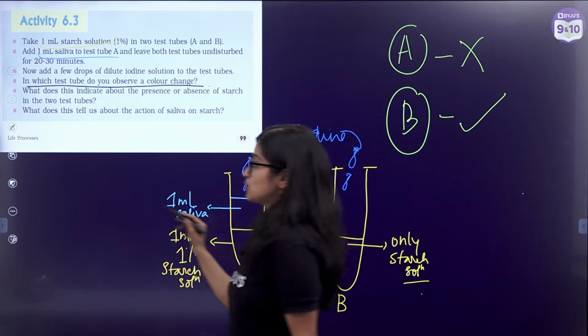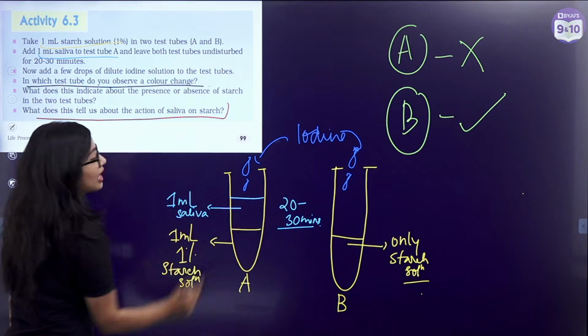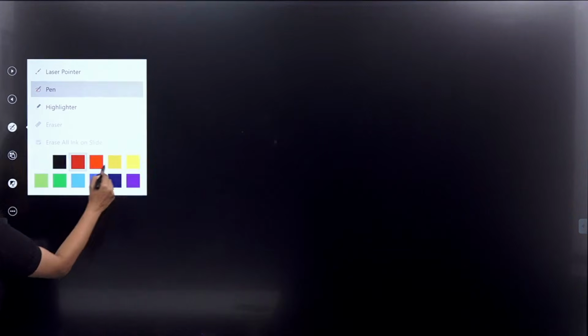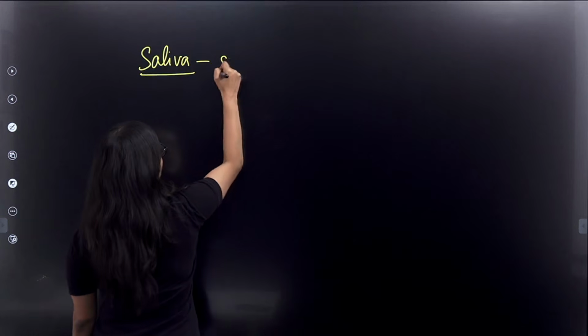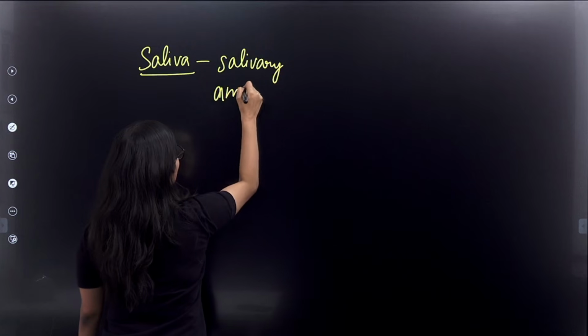Now from this, it goes to a very important question: what does it tell us about the action of saliva on starch? Saliva is a watery fluid which has an important enzyme which we call salivary amylase.